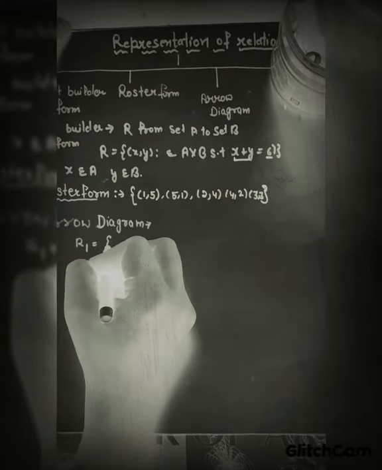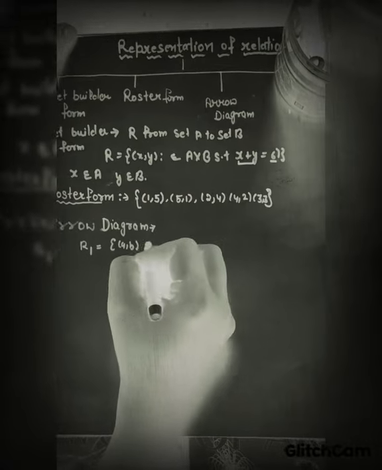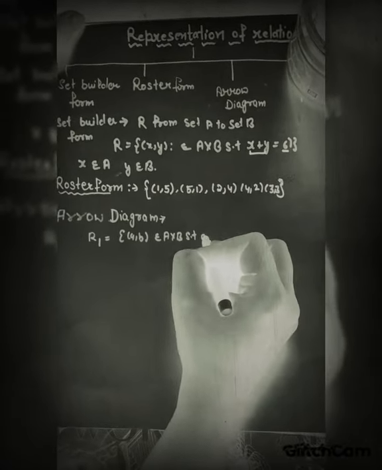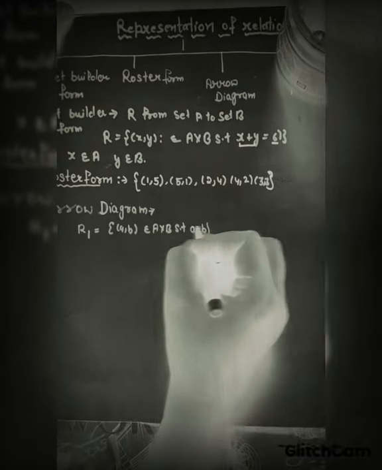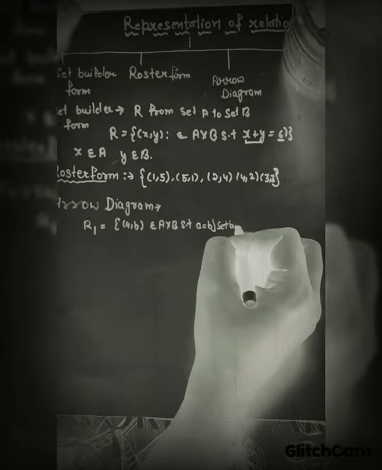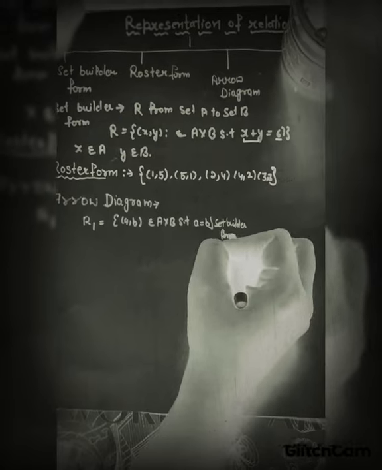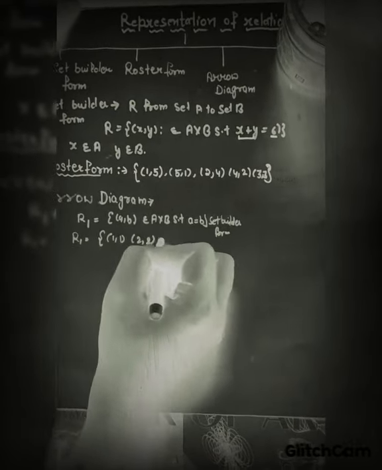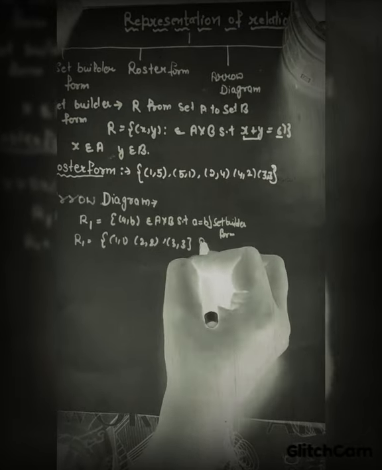Let's take the example R equals {(a, b) belonging to A cross B such that a is equal to b}. This is a set builder form. And this one is the roster form: (1, 1), (2, 2), and next (3, 3). This is the roster form.